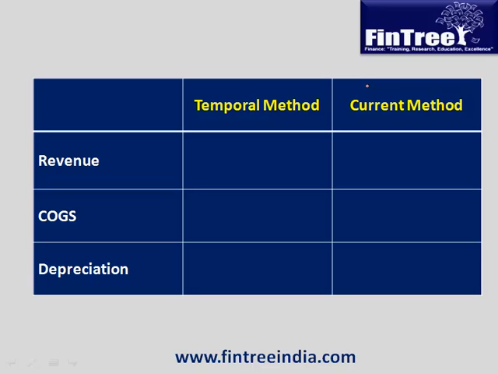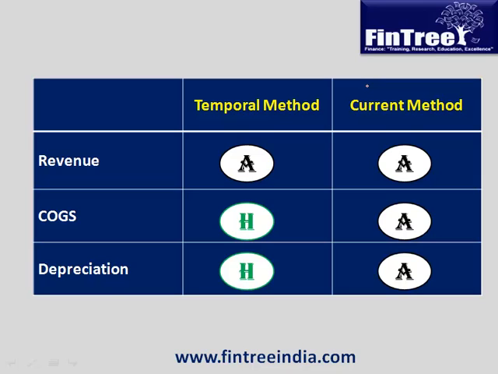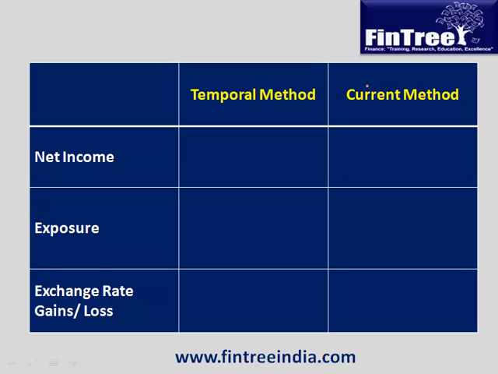Revenue in temporal? In current. COGS in temporal? Historical. And COGS in current. Depreciation temporal. Okay. Net income temporal.